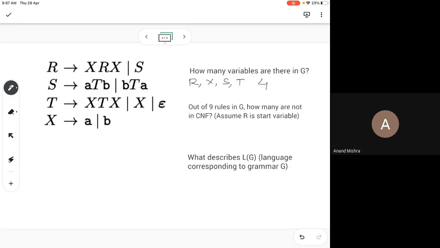Out of 9 rules in G, how many are not in CNF? First of all, what are these 9 rules? This is rule 1, this is 2, this is 3, this is 4, 5, 6, 7, 8, and 9. Out of these 9 rules, how many are not in CNF?